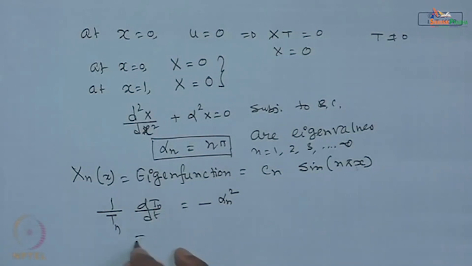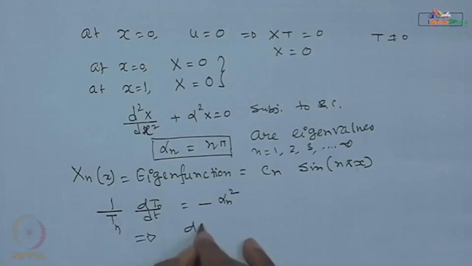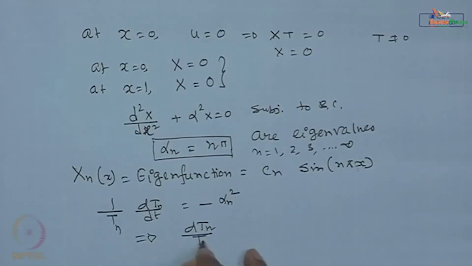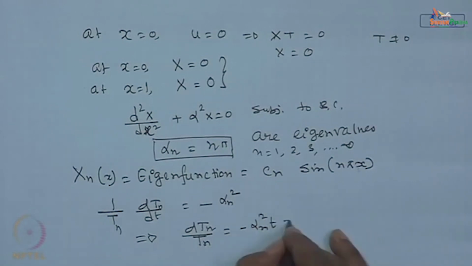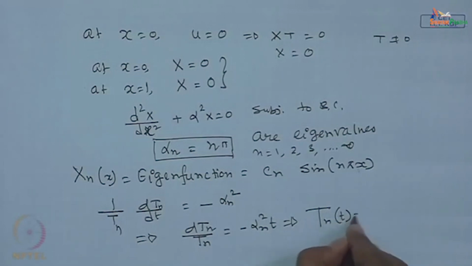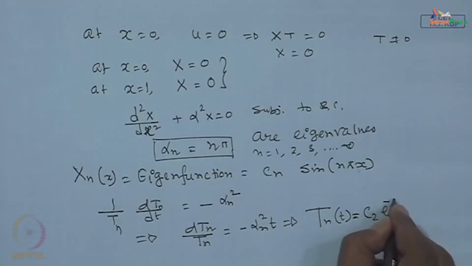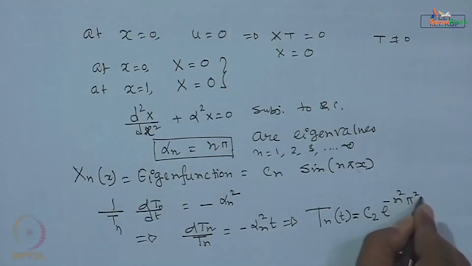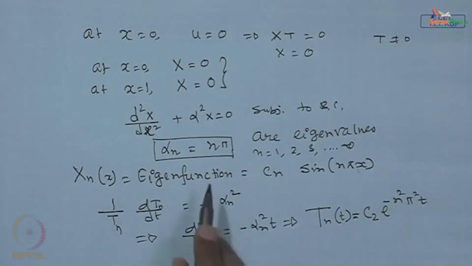If we solve this problem, it becomes dT n dt is equal to minus alpha n square T n, and we get the solution T n, which is a function of time, as one more constant, let us say C 2, e to the power minus n square pi square t, where alpha n is nothing but n pi in this particular case.